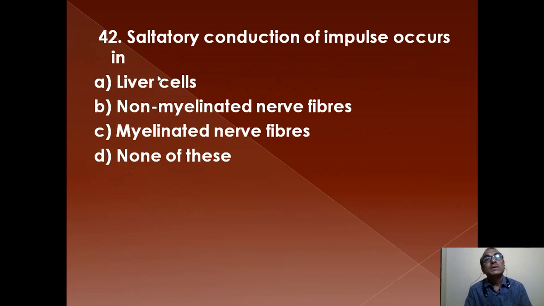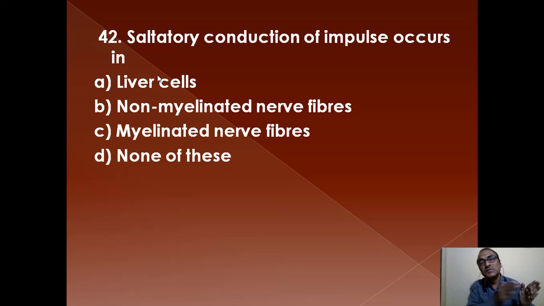Question number 42. Saltatory conduction of impulse occurs in. Now, you might have studied saltatory. You might remember the jumping movement we see in a myelinated neuron when the action potential is taking place.